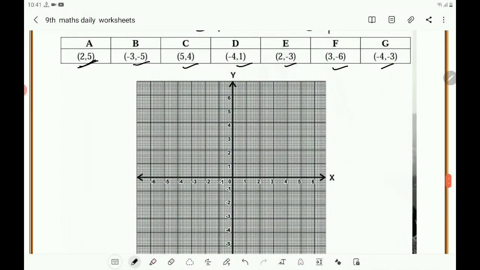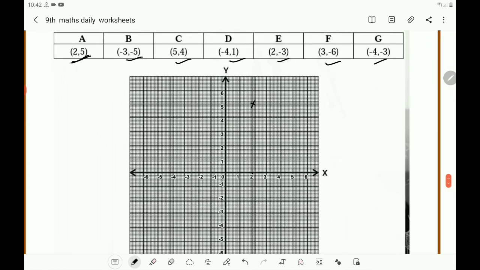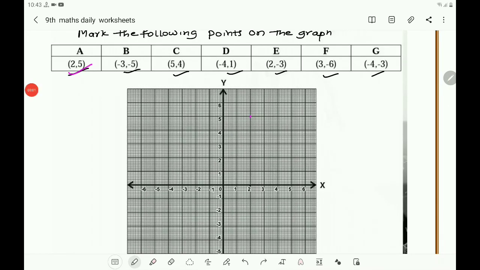If you take (2, 5), here 2 is here, go straight to 5. Here it comes, that is (2, 5). So where the point comes, here is 2, go straight to 5. Here is the point (2, 5). Write it (2, 5).